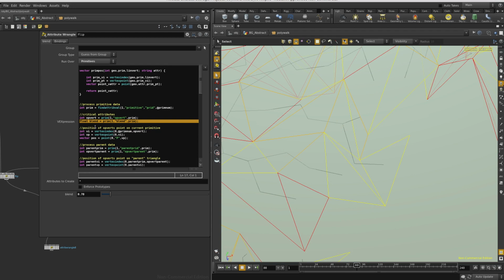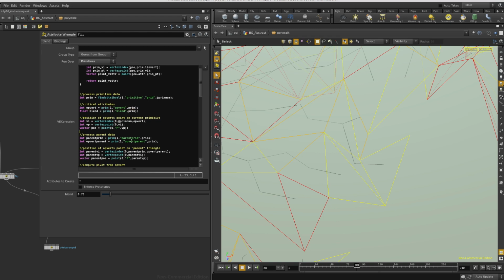Alright, so the next thing I do is I get the position right here to use later. And then what I get is the parent ID and opvert parent. And that is coming from basically the bottom polyline. So it's this triangle, this triangle's opposite vertex, and this triangle's primitive.